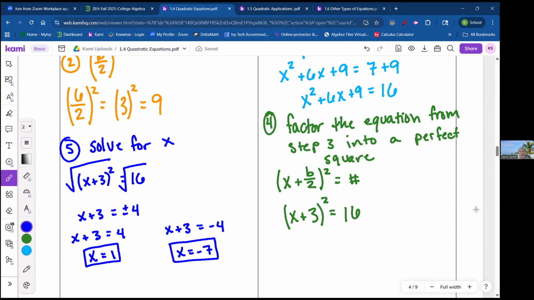There are only a couple instances where you are told 100% that you have to use a specific method, and that doesn't happen very often. It only happens a handful of times, and completing the square is one of them.